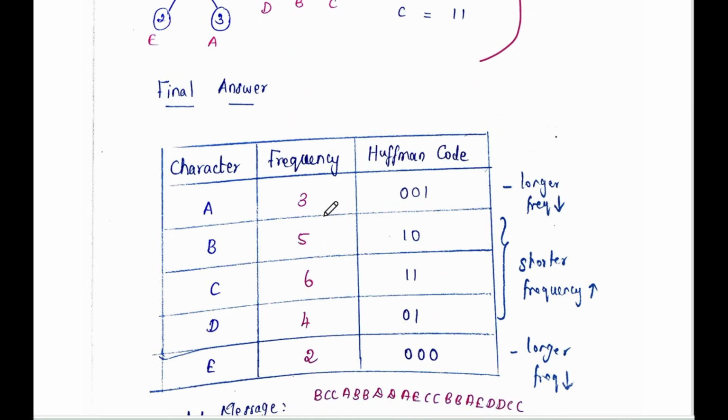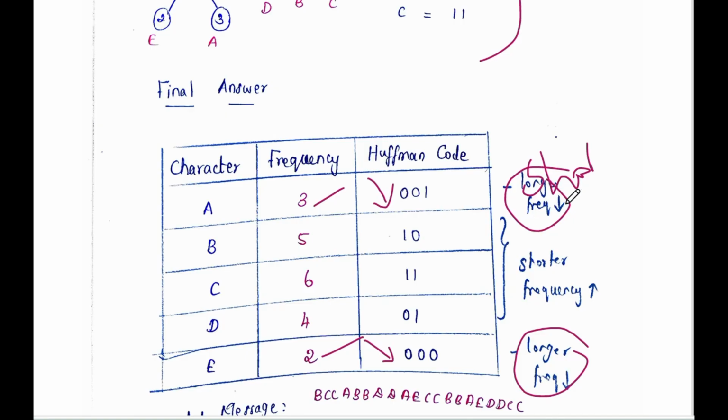So this is the character, this is the frequency, this is the Huffman code. Here A's frequency is 3, using 3 binary code bits. Okay, the binary code length is 3. So here the shorter frequency uses a lengthy binary code, but these are the longer frequency, right?